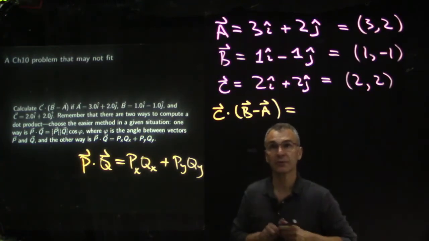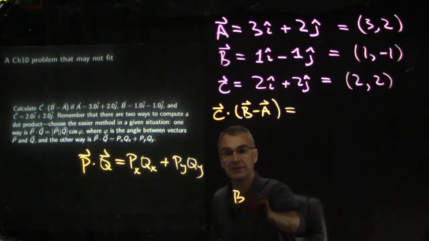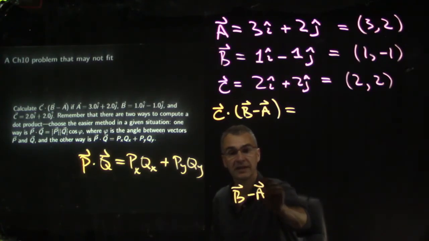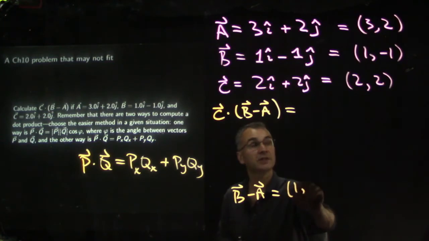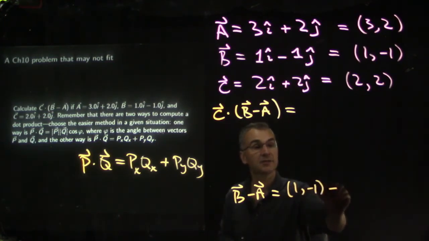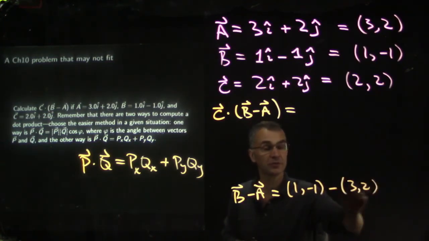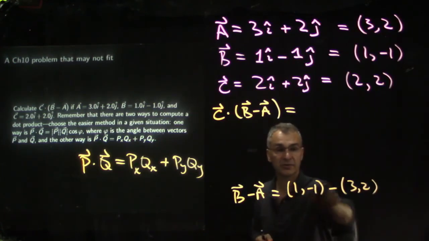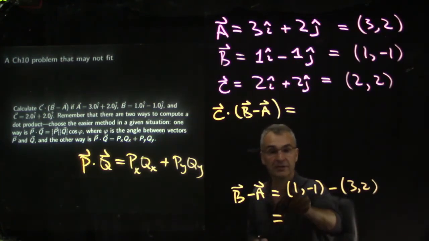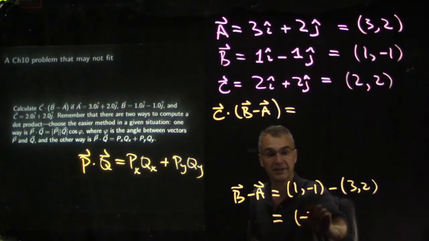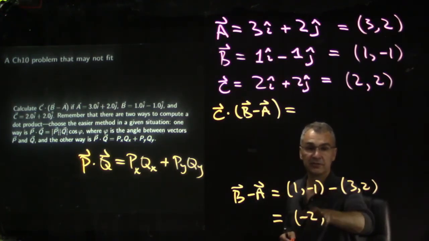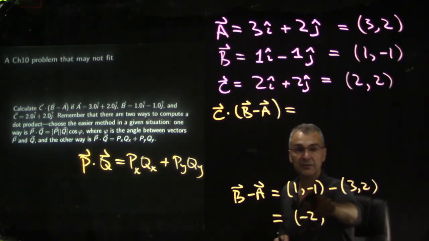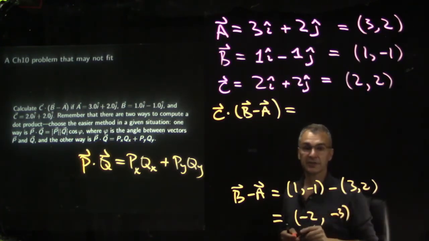So I think the first thing we want to do is work out B minus A, which is 1, minus 1 minus 3, 2. So we'll take this x component minus this x component. That's 1 minus 3, so that's minus 2. Right? So 1 minus 3 is negative 2.